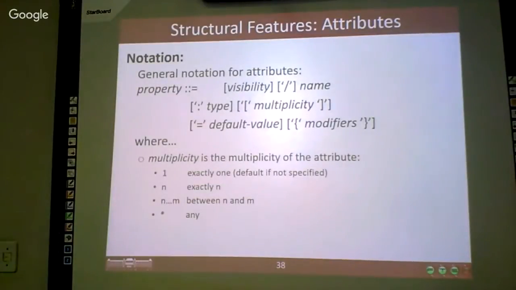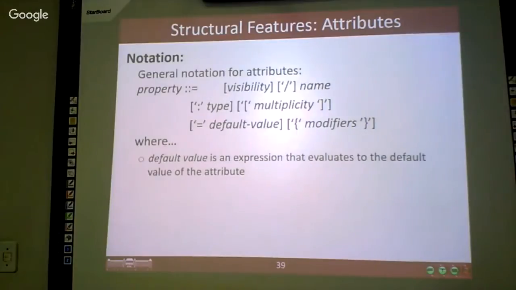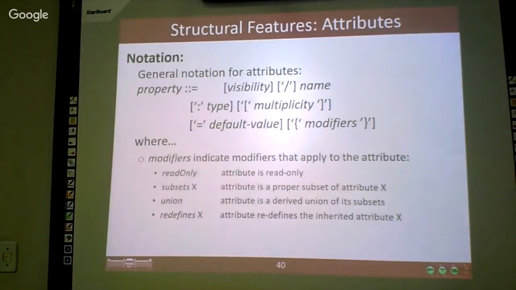It can be exactly 1, which is the default if not specified. It can be exactly n, between n and m, or any. And the default value is an expression that defines the default value of the attribute.